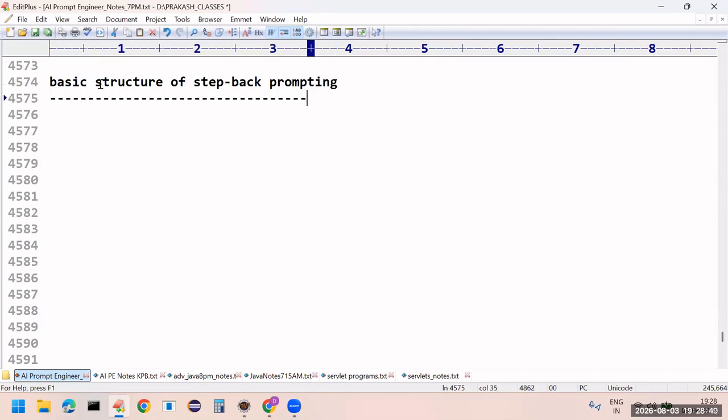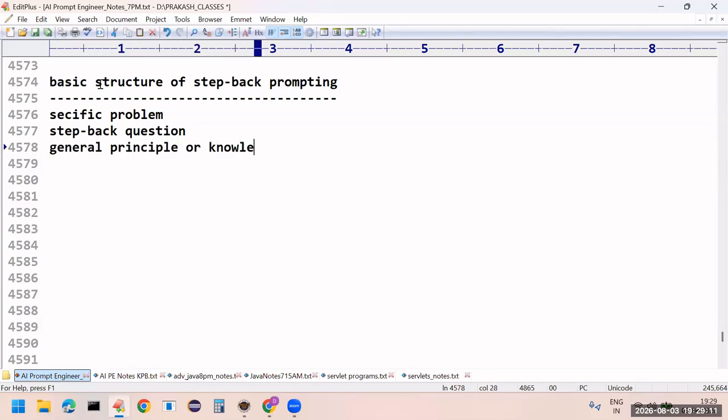The basic structure is nothing but first specify the problem. The specific problem you need to identify. Then the step back question: which topics we need to revise? Then the general principle or the knowledge you are going to get from that question.